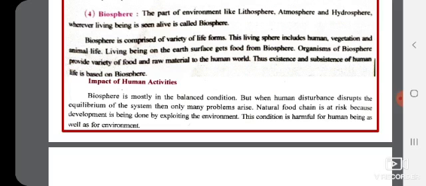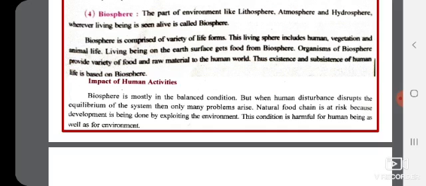Oxygen, carbon dioxide, nitrogen, we all need. Plants also need carbon dioxide. So all these three comprise it, and because of that only living beings come into existence, which is known as biosphere. Because of biosphere we get food, water and air to live, right? Without that our life cannot exist.